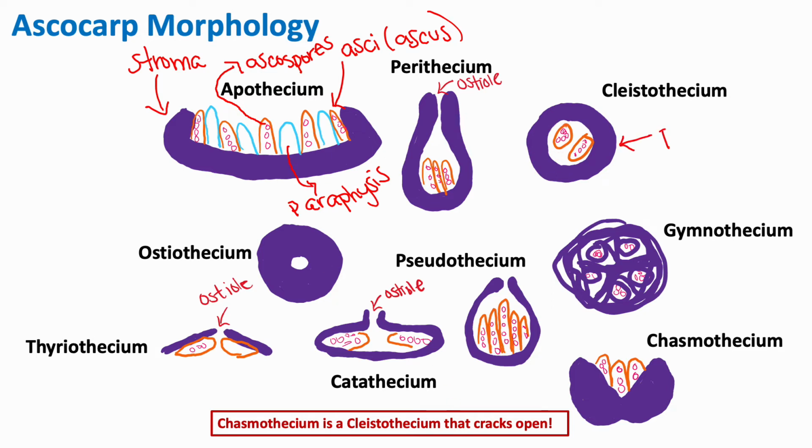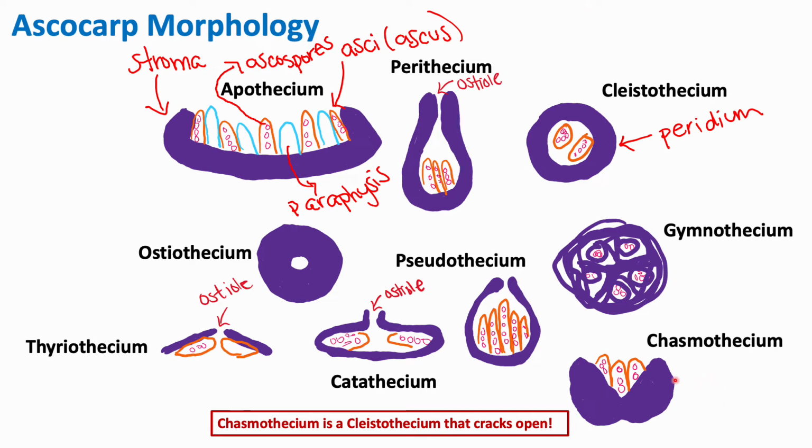This is essentially when the stroma completely encloses everything inside. So these structures on the inside are still the ascus, and within the ascus we have the ascospores. Now, the only difference between the gymnothecium and the cleistothecium is that the cleistothecium is more organized, whereas the gymnothecium is less organized. We can see the disorganization. Everything isn't completely in one general area. It's kind of dispersed all around.